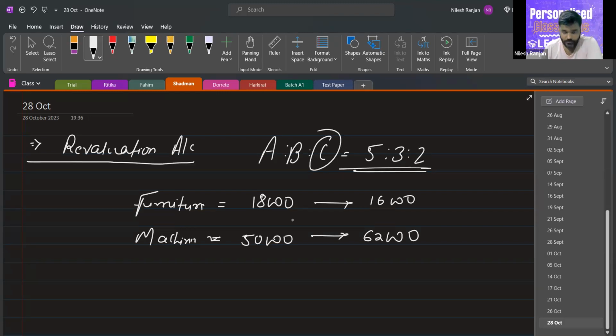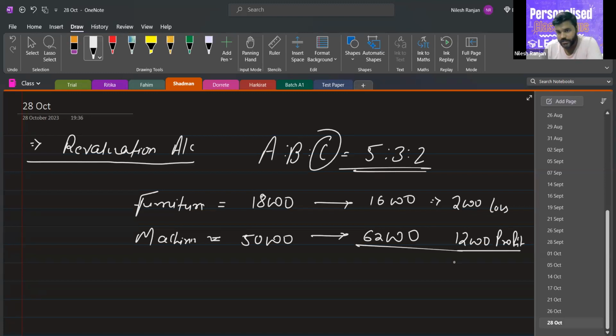So, after retirement of C, if we revalue the furniture and machinery, there is a net effect. There is 2,000 loss and there is 12,000 profit.